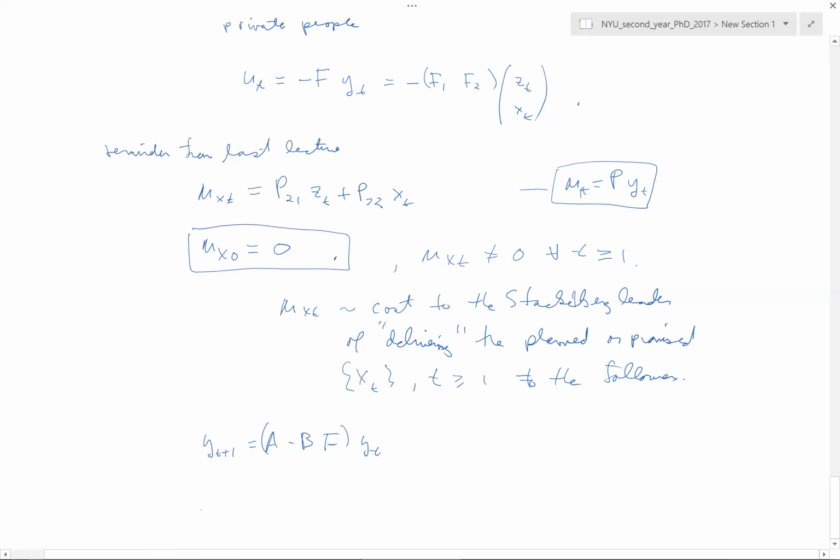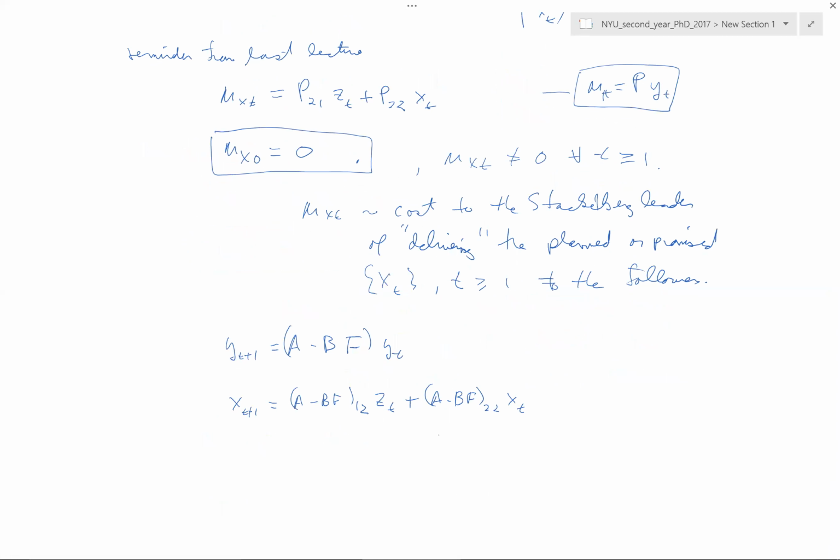If we write out the second piece of this, xt plus 1 is going to evolve according to, I'll write this as a partitioned, a minus bf, of zt plus a1, a minus bf, the partition of that, times xt.